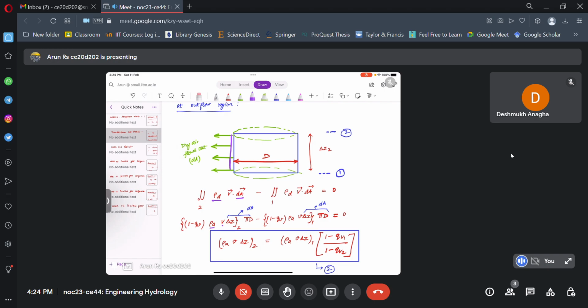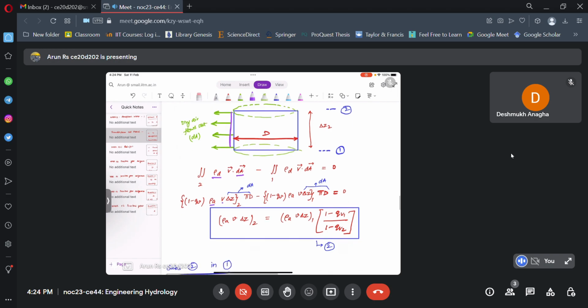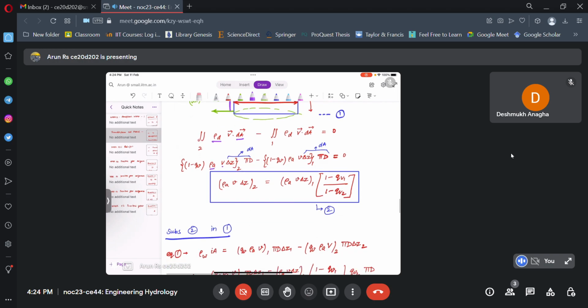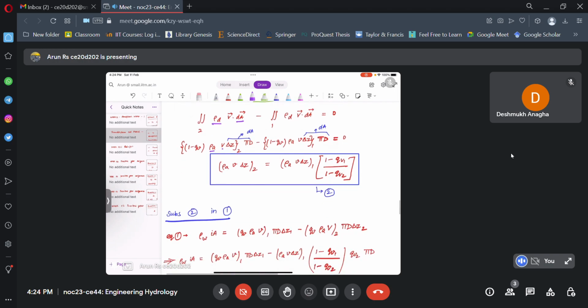Your h here is delta z2, minus what is happening at the level 1, and we are equating it to 0. From this we can get the expression for the parameters at the outflow region as a function of the parameters at the inflow region. So we have got this equation 2.